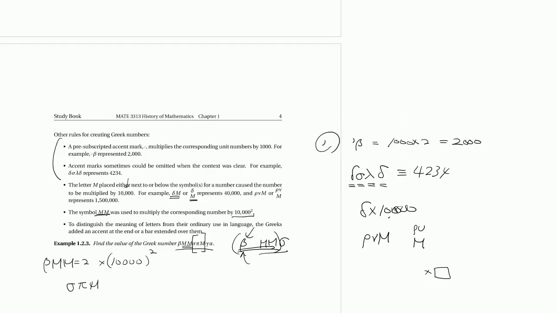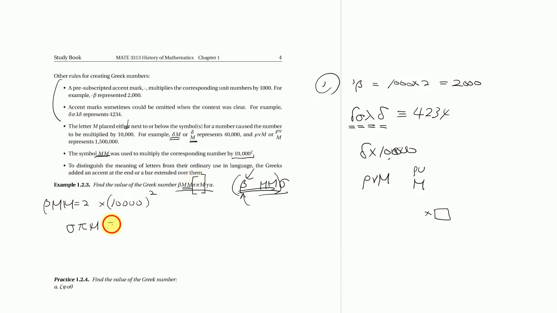But because of that M, this one is the same as 280 times 10,000, right? So that is actually 2,800,000, right?